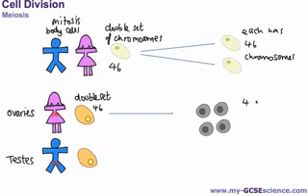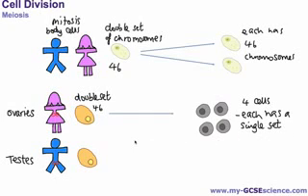So 4 cells are produced, and each has a single set of chromosomes, so the double set is 46, so the single set here would be 23 for each one. So what we've done is we've halved that double set in order to reach 23.